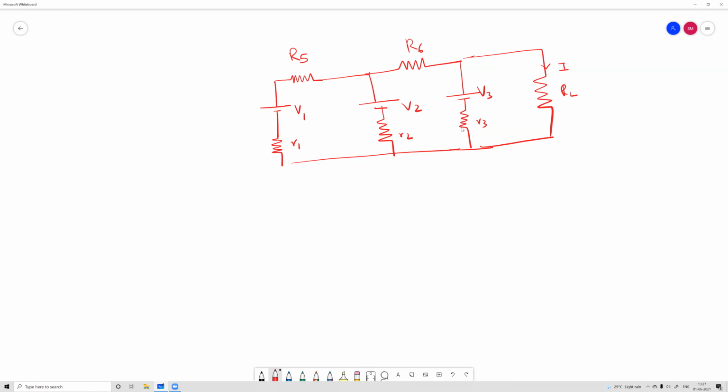Now, superposition theorem states that this current I through RL, when all the three sources are active, would be the same as the sum of the currents when each one is active. What I mean is, this is one case. Second case is only say V1 is active and other sources are replaced by their internal resistances.